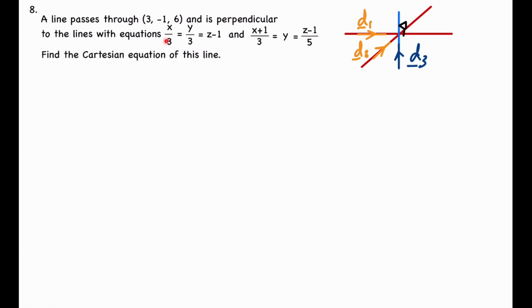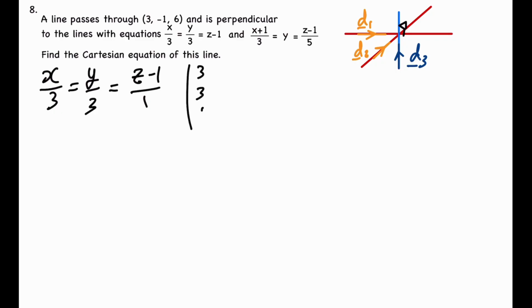As you can see, we can use these as our position vectors and whatever's underneath. So if you rewrite these equations, we're going to have x over 3 is equal to y over 3, which is equal to z minus 1 over 1, which is the same as z minus 1. So because this is dx, dy, dz, our direction vector can be written as 3, 3, 1 for this one.